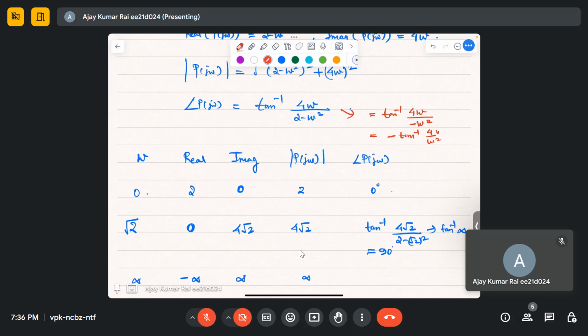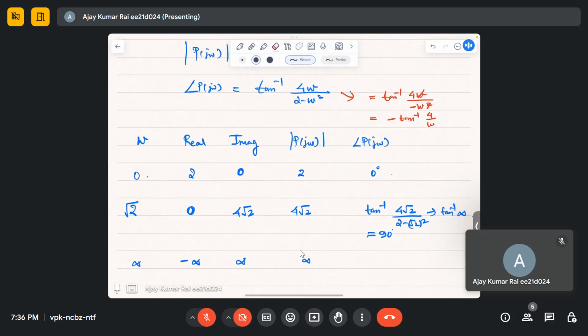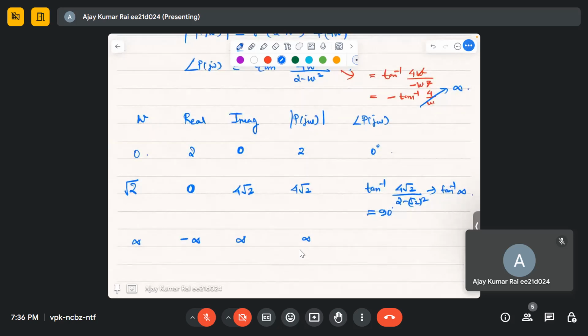Then I'm cancelling omega, so I'm getting 4 by omega. If I put omega equal to infinity, this term will be infinity, right? So minus of tan inverse of infinity is minus 90.